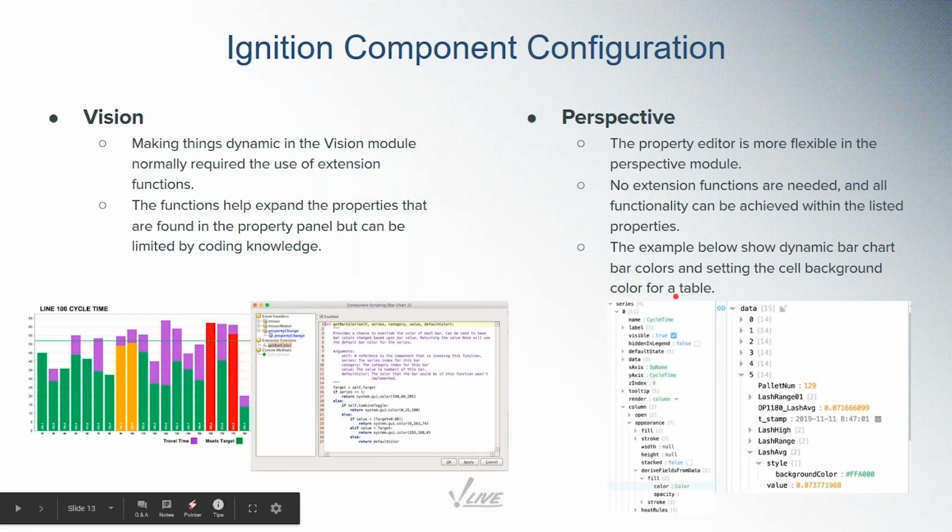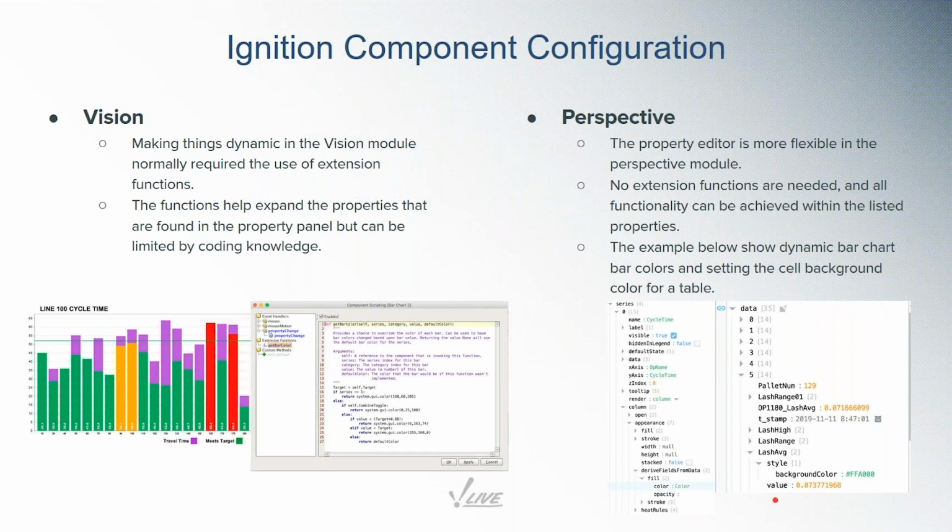Another thing seen in the other picture there on the right is coloring a table cell based on the value in that cell. So over on the data with the lash average, you can see there's a style and a value. When I was first doing this, I didn't know that this was possible, but you can put a style on every cell in your table and have it look however you want.